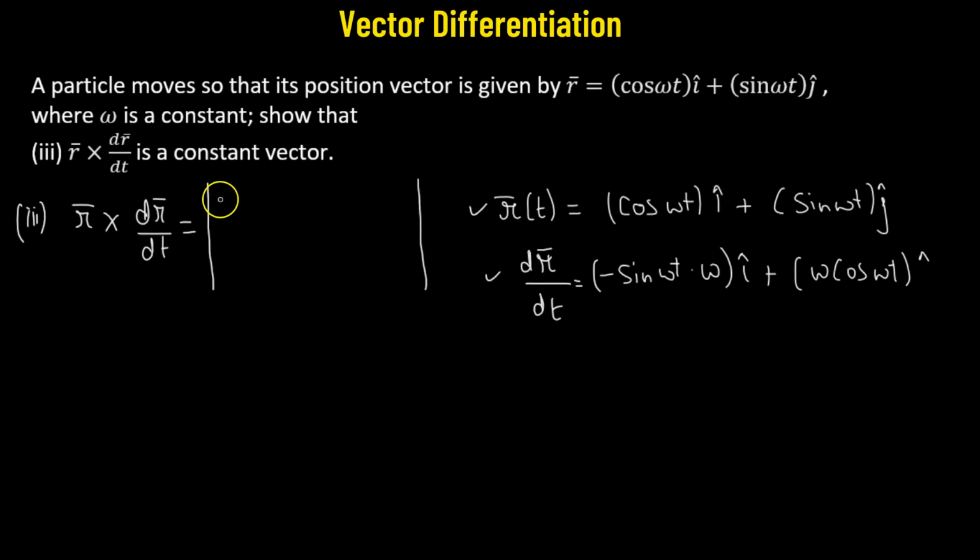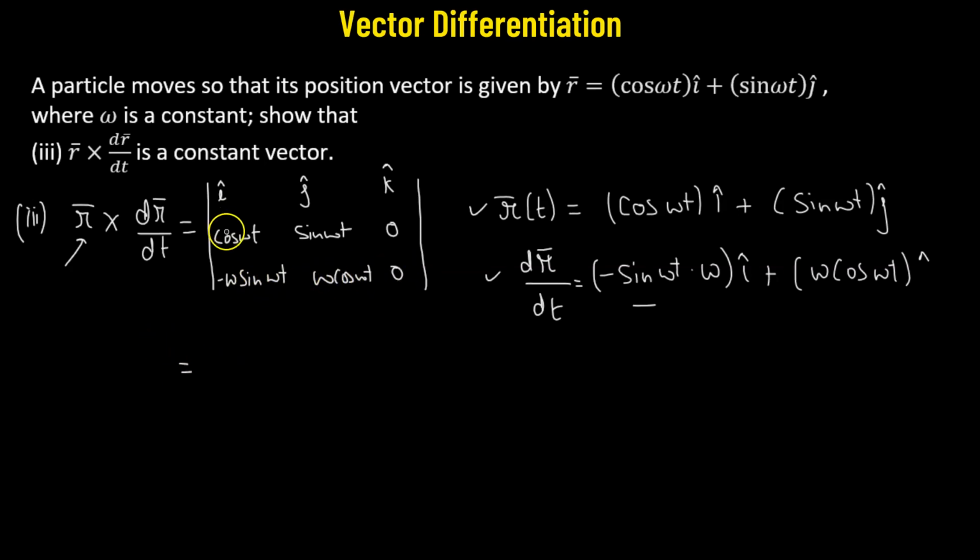In the first row, we have the unit vectors i cap, j cap, and k cap. In the second row, we have the components of vector r. So that's cosine omega t, sine omega t, and 0. And on the third row, we have the components of dr over dt. So that will be negative omega sine omega t, omega cosine omega t, and 0.